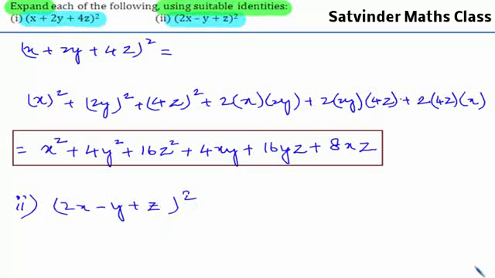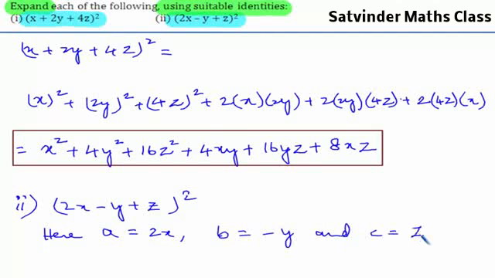Here also we can use the same identity. However, here we have a is 2x, b is minus y and c is z. Now let us substitute these values.